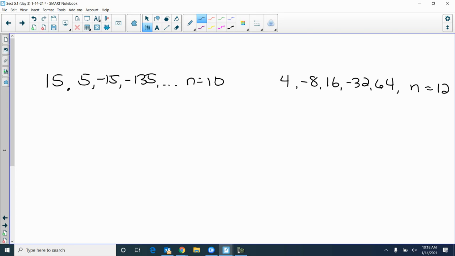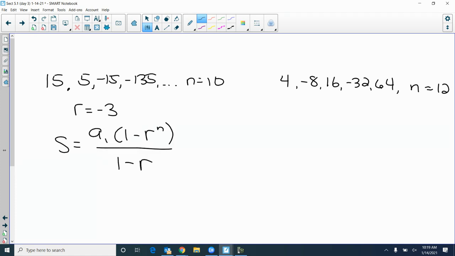Here's what you got to watch on 15. Your r value for the 1 is -3. And so it is a geometric sequence, and they want the sum. So the sum is a sub 1 times 1 minus r to the n power over 1 minus r.